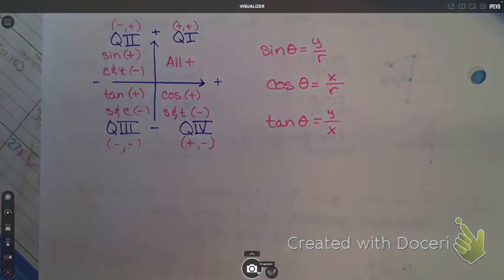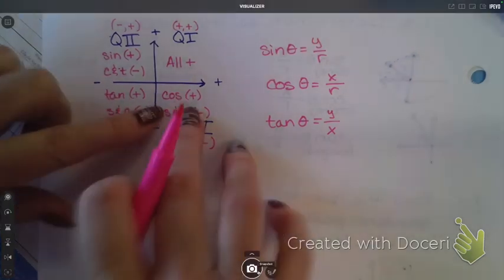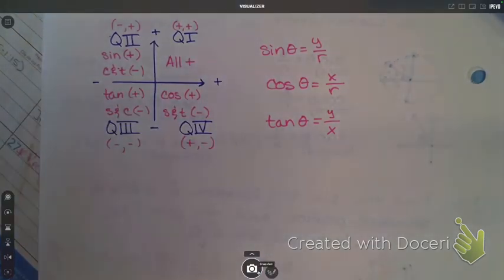Because again, if you know what's positive, then you also know what's negative. Okay? Why is cosine positive in the fourth quadrant? Because the x is positive. Why is tangent positive in the third quadrant? Because x and y are both negative. You get the connection. Any questions on that?